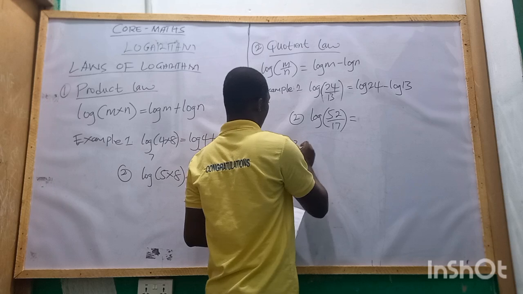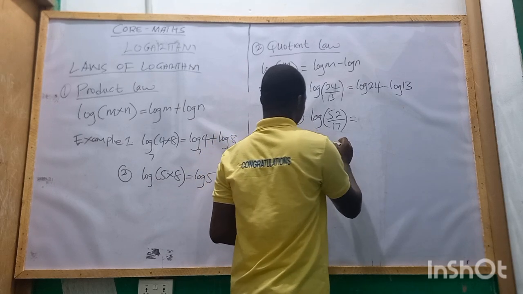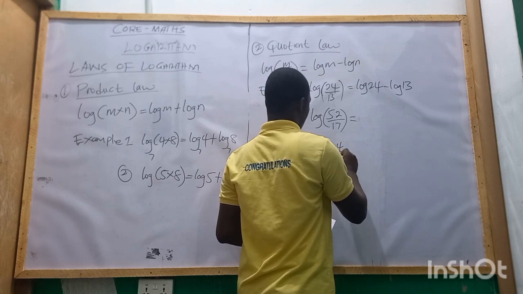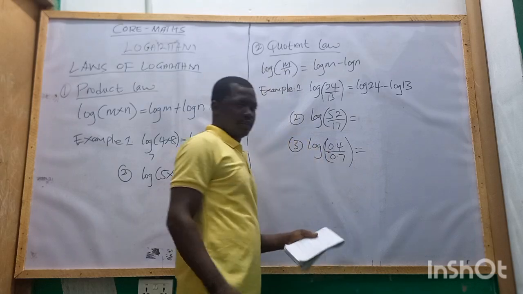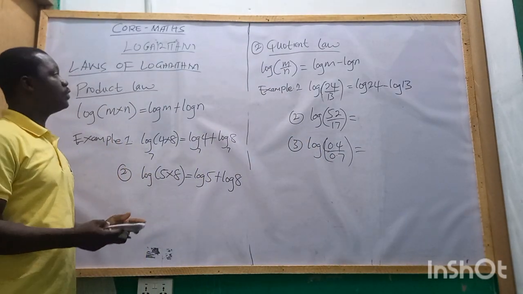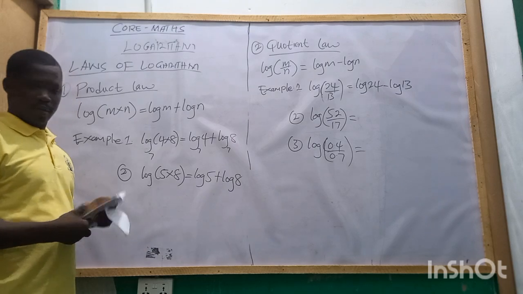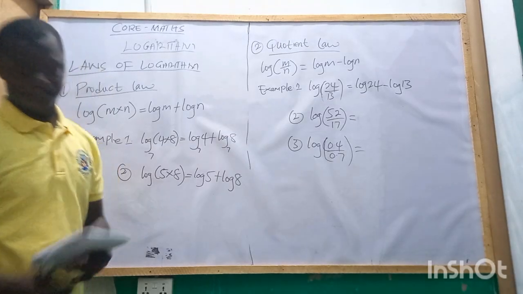And another one, this one to do it. Right. Okay, so that's very simple for the quotient law. And let's talk about the third law, which is the exponent law.